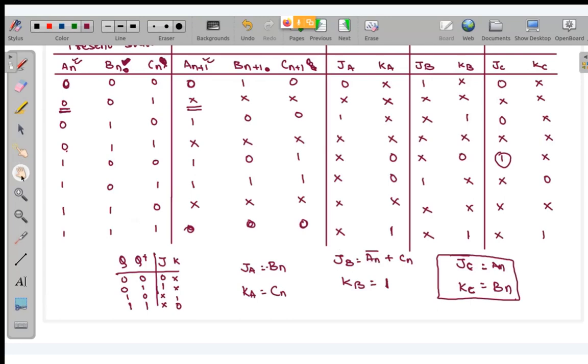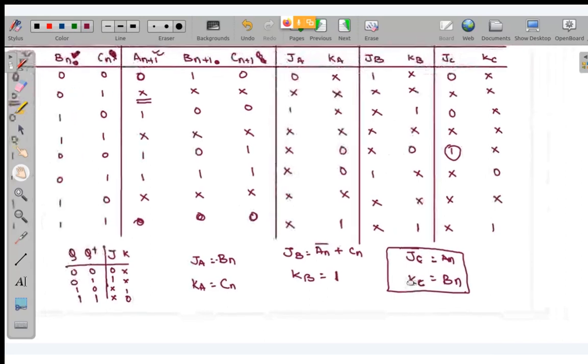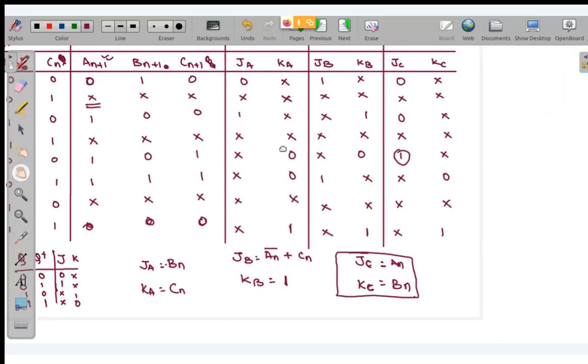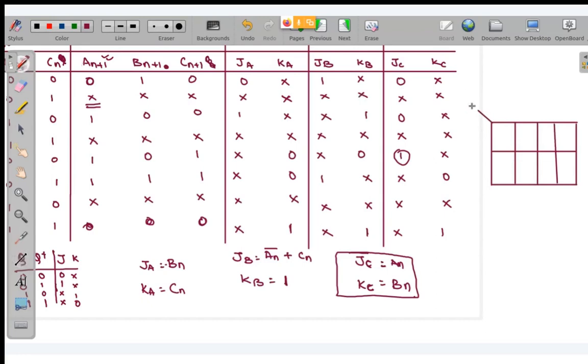You guys, so I only need to solve. Look over here. I have written this in order, so this will be 0th cell, first cell, second cell, third cell, fourth cell, fifth cell, sixth cell, seventh cell. This is for JC I am doing.